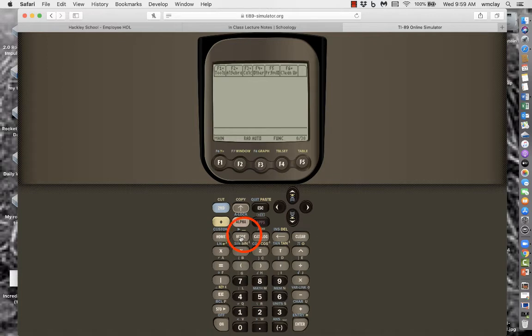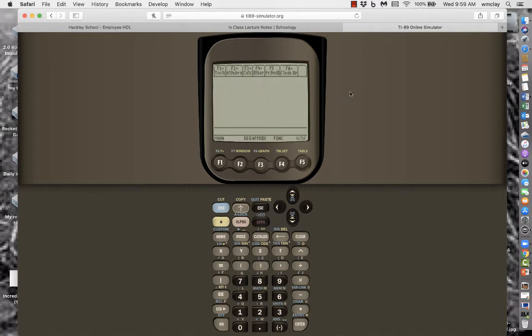So you click the mode button, scroll down to where it says radian, scroll to the right, scroll down one, select degree, and hit enter. That will change that. Also for the 89, I've found it very helpful to be in approximate instead of auto. It just helps a lot with a lot of things.